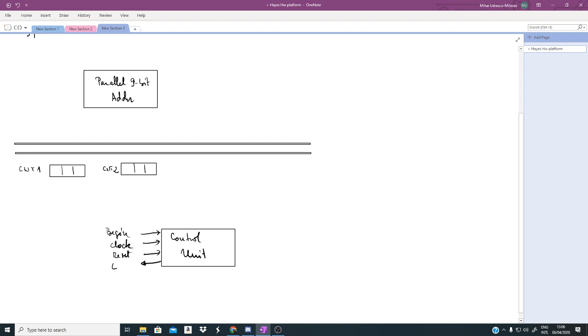When everything is finalized, these are external control signals. For register 1, and these are, of course, the buses.